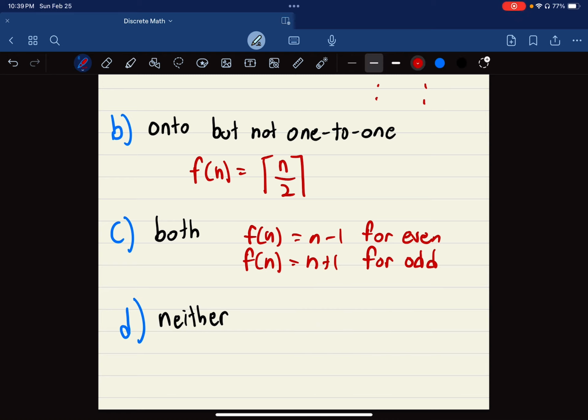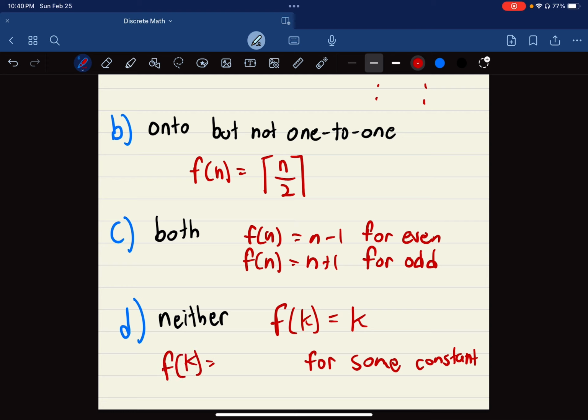And then for the last one, for neither, you can just simply have it equal to a constant. So we can do f of k equals k for some constant. So you can have f of k is equal to, let's say, 12.